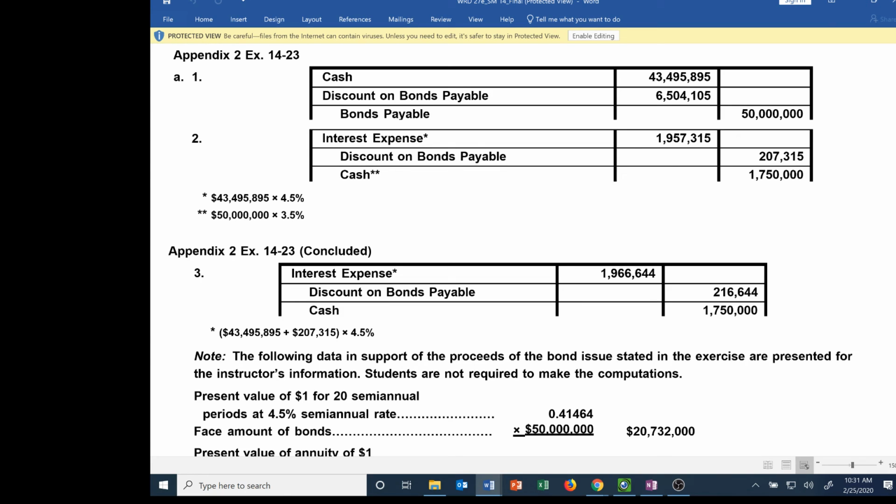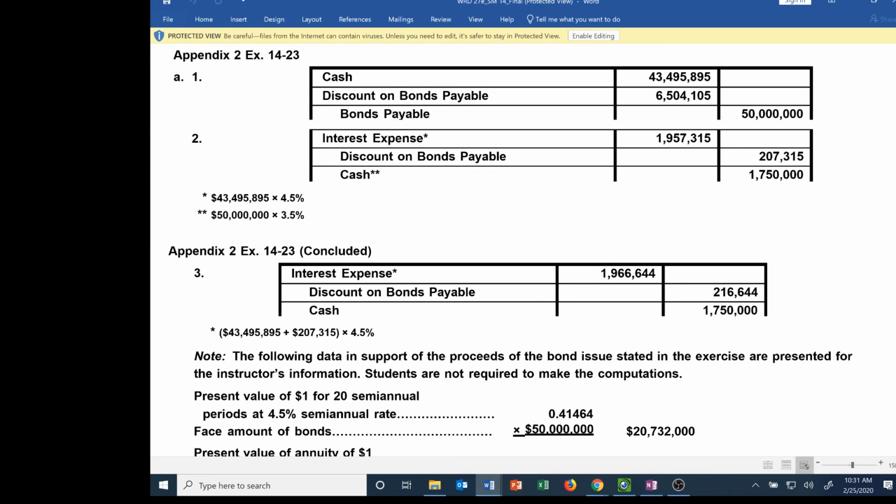First row, you've got the 1957, 15, 207, and that's 1750. Lines A, B, and C is your journal entry. And you're supposed to do C, and what A is supposed to be is D.